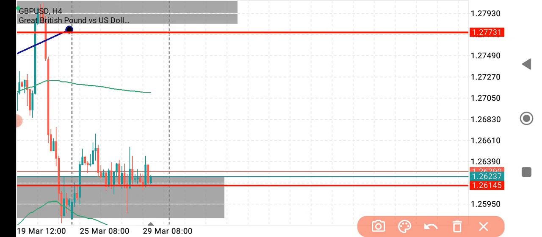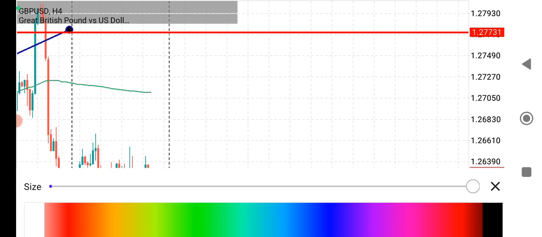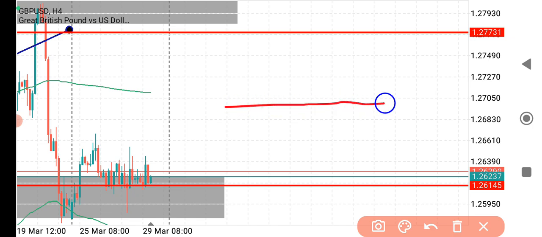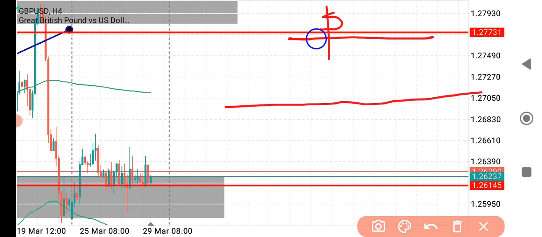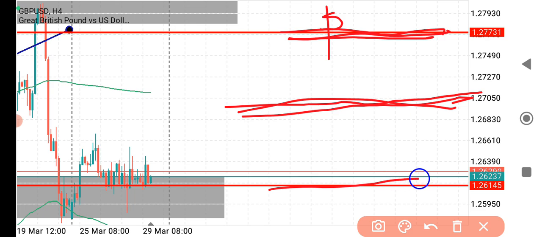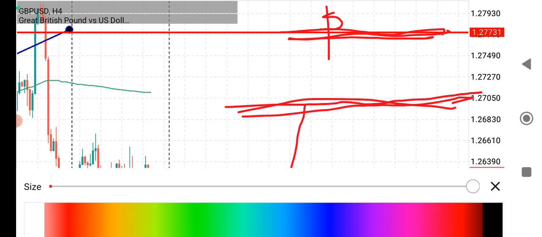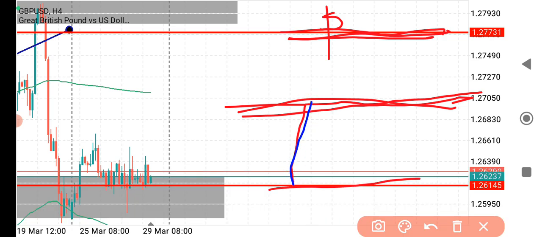we are looking forward to, let's assume this is another of our support and resistance. So when price moves from here to this zone, we have a resistance here.